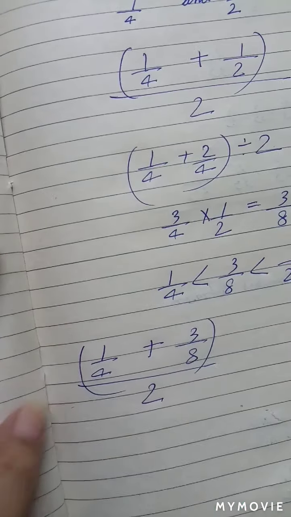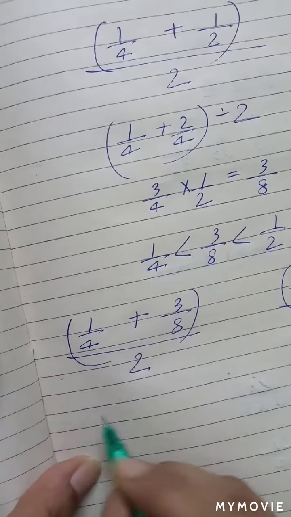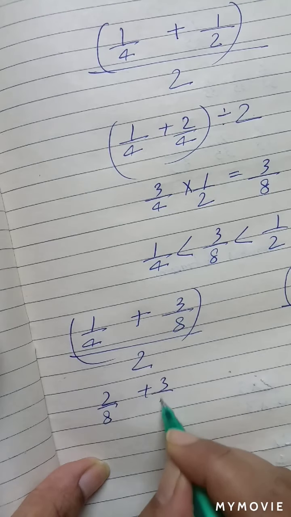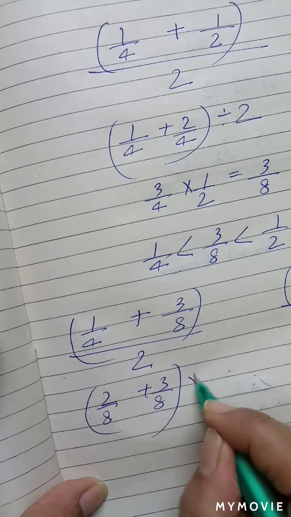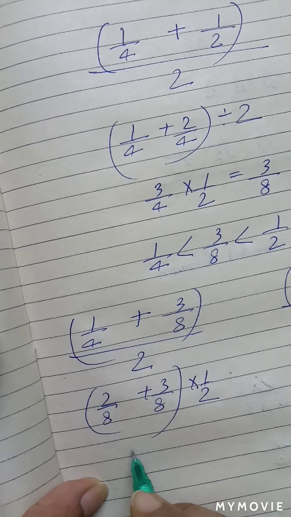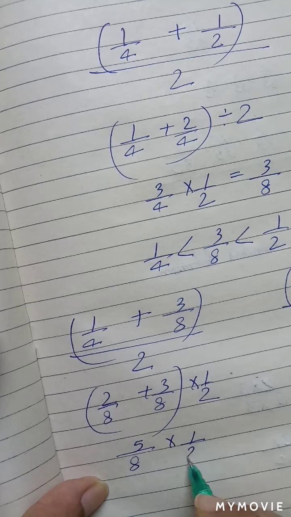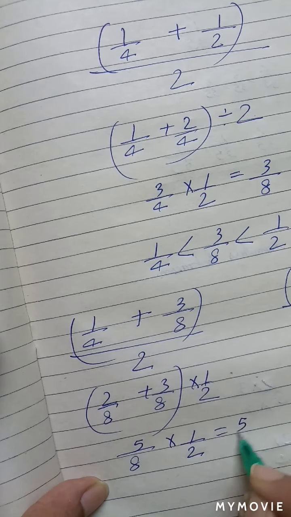Let's do it quickly. 1 by 4 can be written as 2 by 8, plus 3 by 8. We have 5 by 8 into 1 by 2. It's going to be 5 by 16.